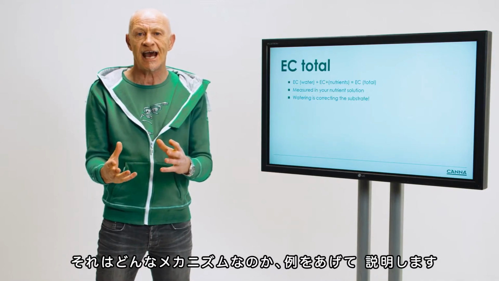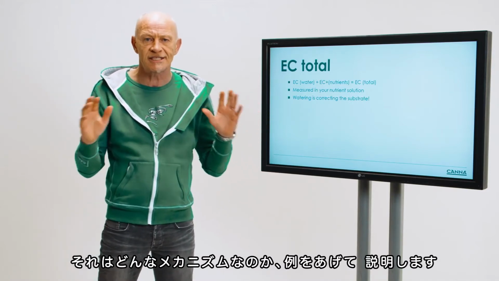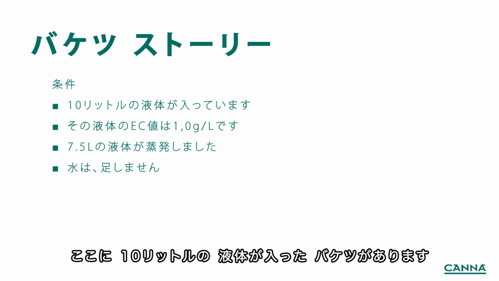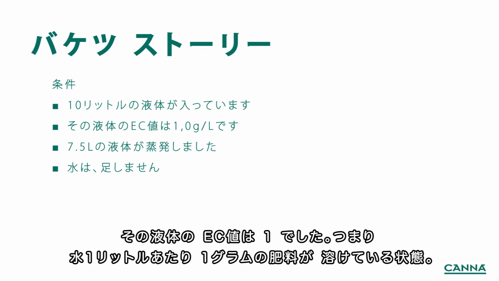And in that case, I like to give you an example of how that system is working. We call it the bucket story. For example, we have a 10-liter bucket. The EC you measure in the solution has an EC level of 1 gram per liter.